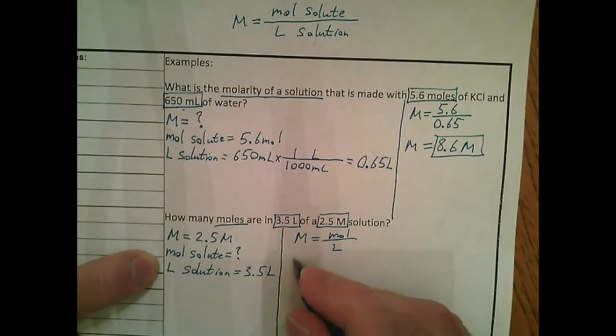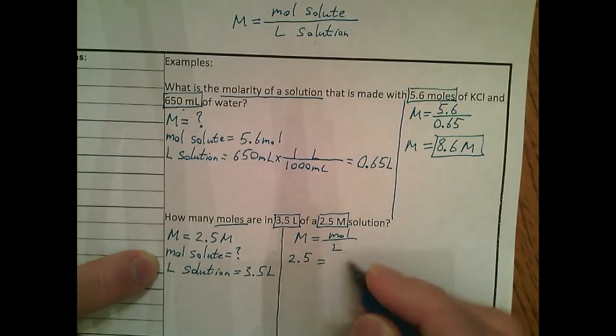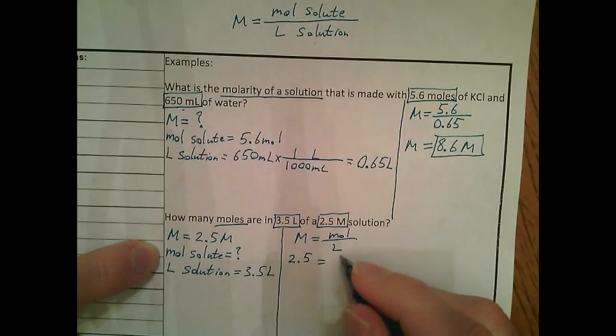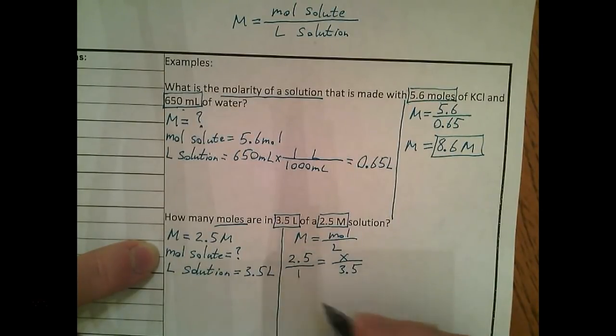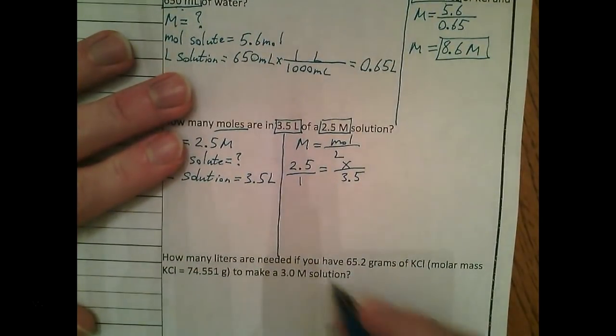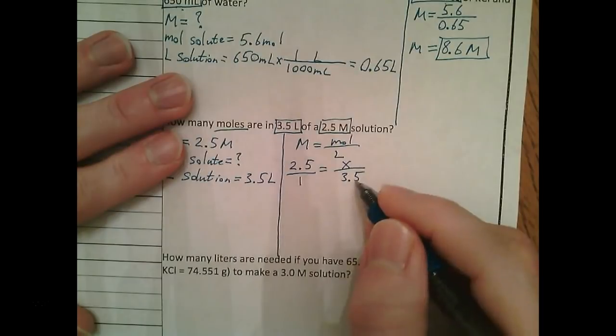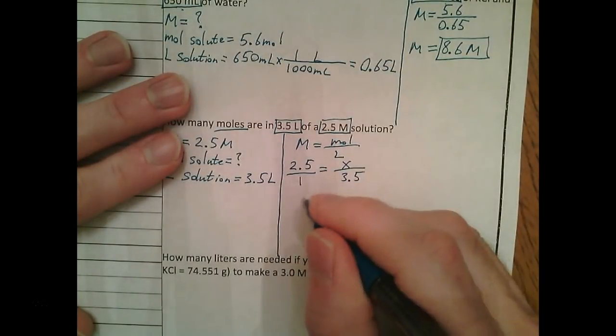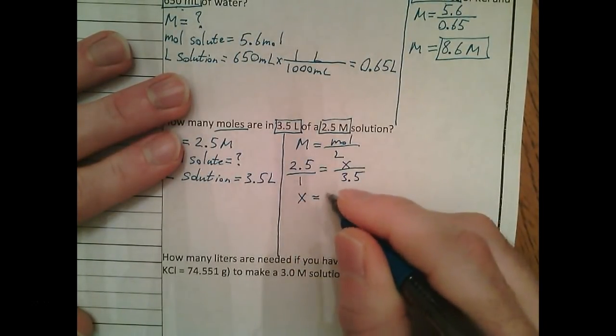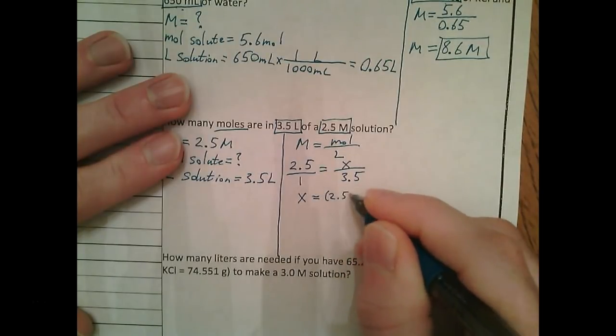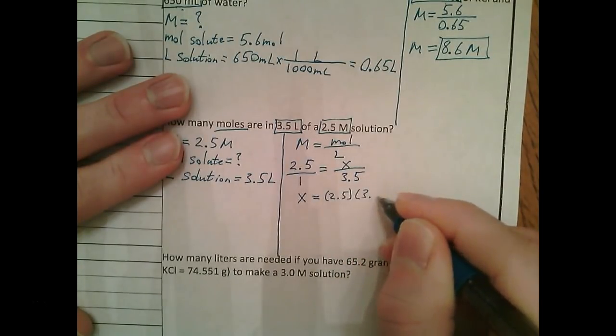So I'm going to put 2.5 equals x over 3.5. Well, I'm going to go ahead and put a 1 here just so that I can make it easier for me to cross multiply. So I end up with 1 times x and 2.5 times 3.5. So 1 times x is x. X equals 2.5 times 3.5.